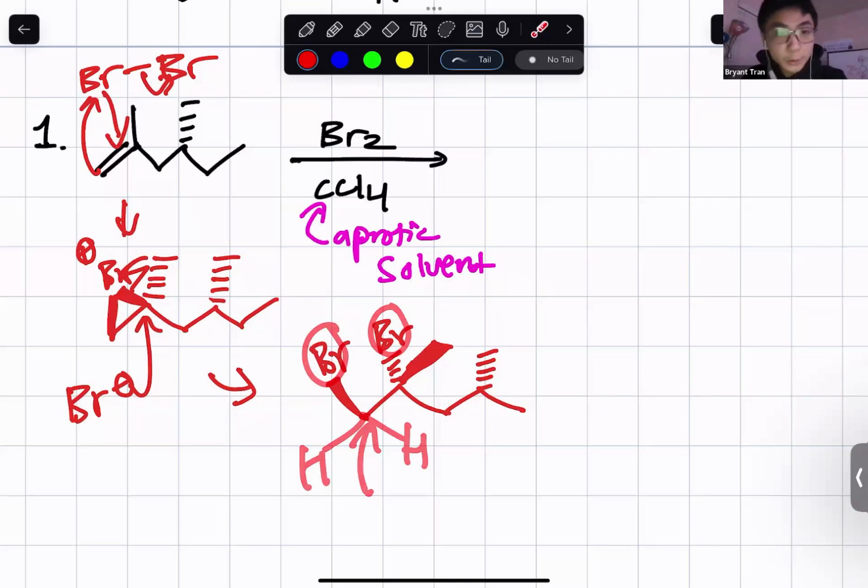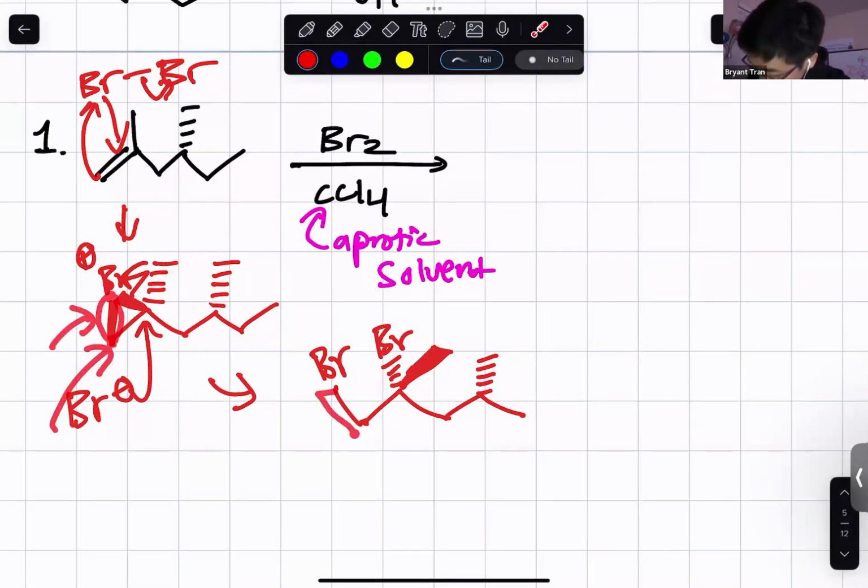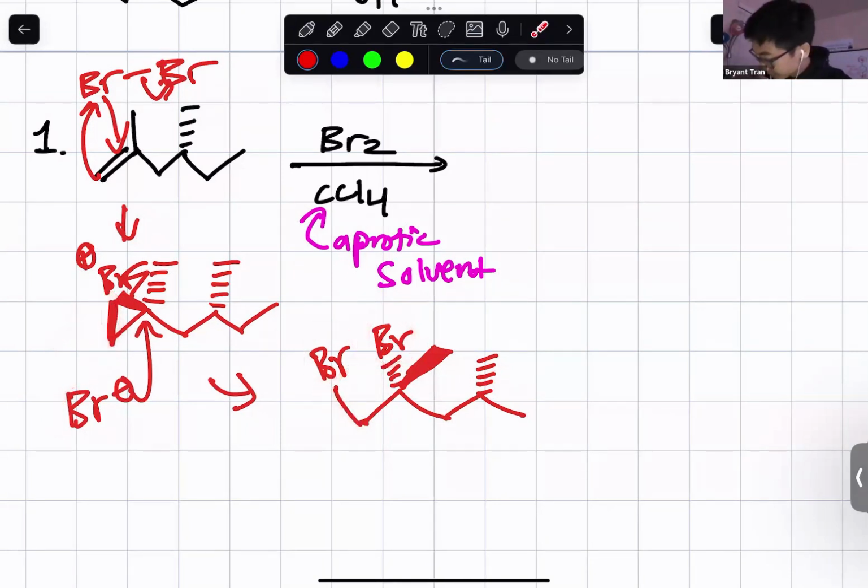Not a chiral center. You don't have to put wedges or dashes. You could just draw this as a flat bond, and that is still correct. But keep in mind that this reaction here is anti-addition because nothing touches that carbon. So if this were to be a chiral center, this bond would stay as a wedge, like that, showing the anti-addition part of this reaction. Okay.